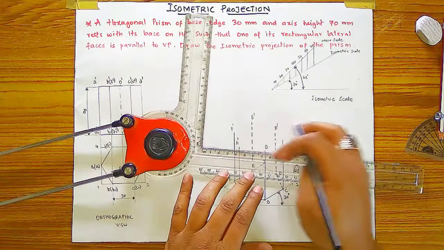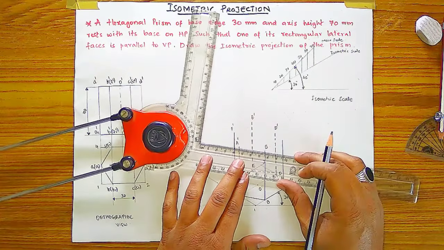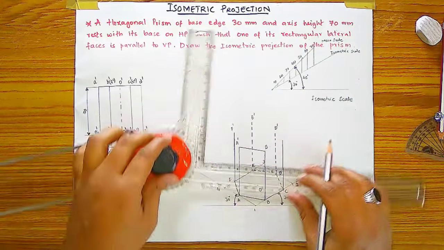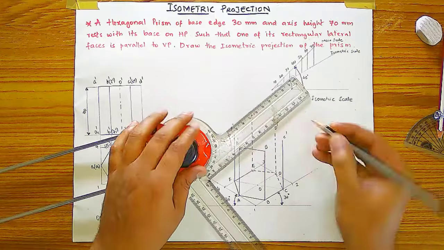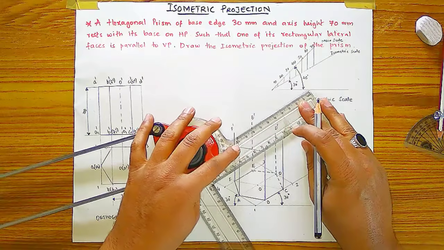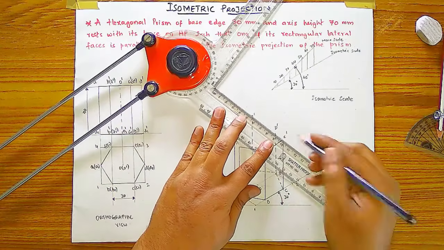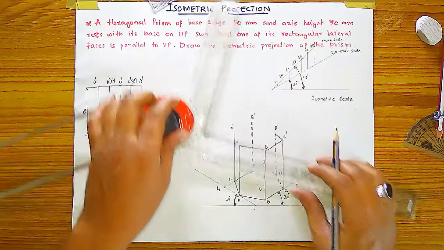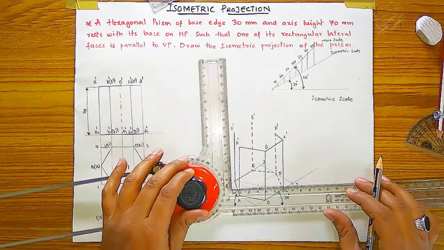If you see this hexagon from the front, it is all visible, so you have to do it as dark, this hexagon. A to B, B to C, C dash, C to D, D to E. E I have taken maximum, I think so.